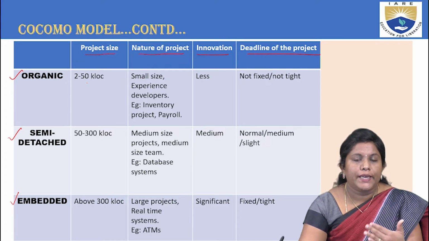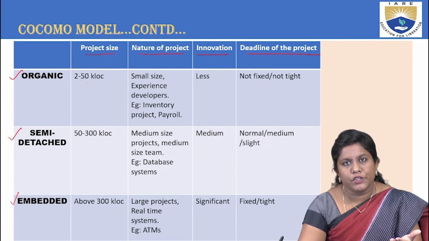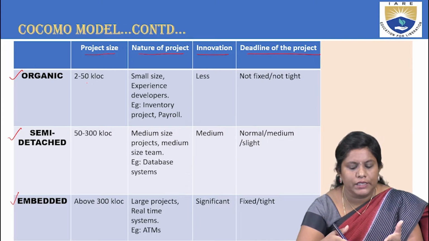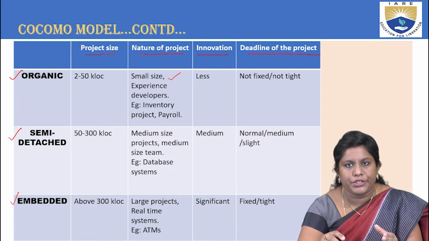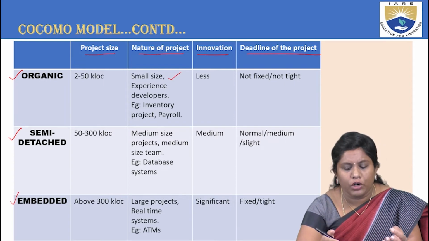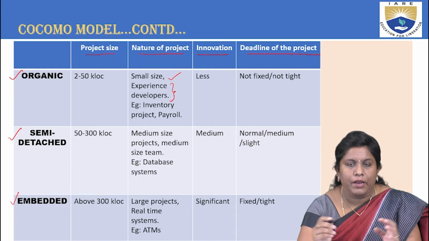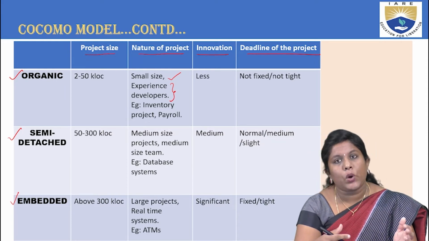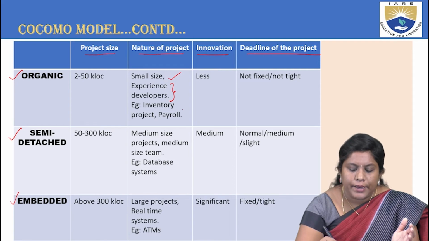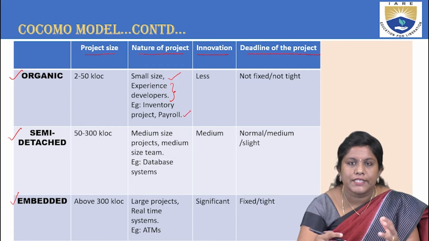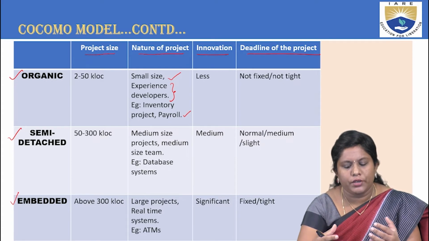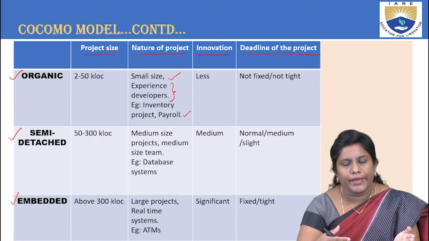Now, the nature of the project: as you can see in the figure, 2 to 50 only, so it comes under the small-size project, and it involves experienced developers. What type of projects fall under this organic category? Payroll and inventory projects, that is, different log-related information. Those projects come under the organic mode.